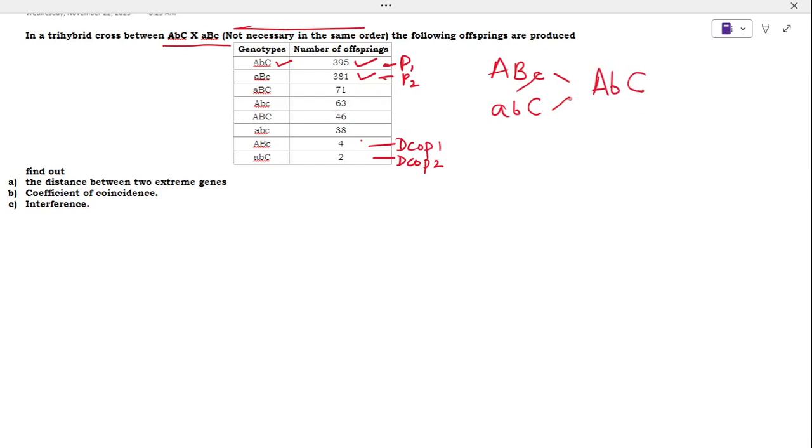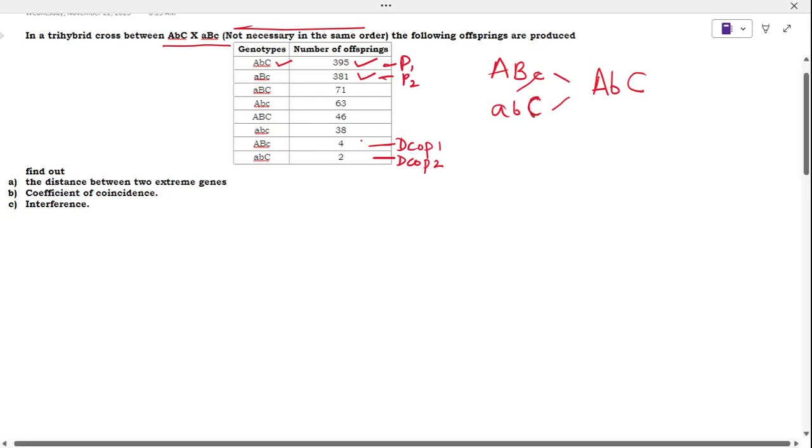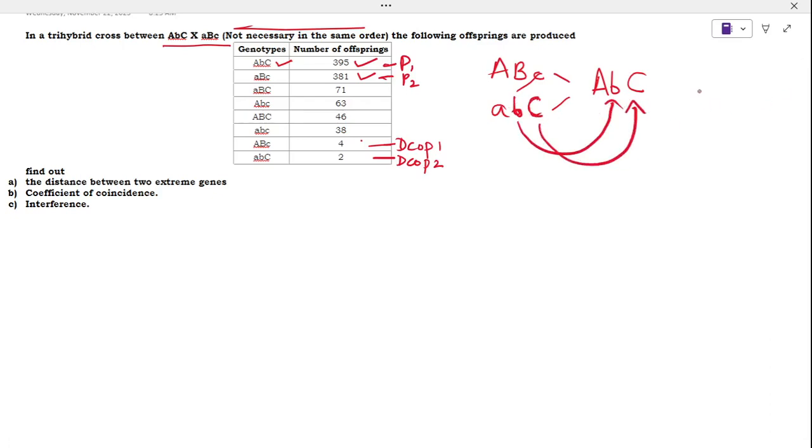As I said earlier, extreme genes will be segregated together, whereas the middle gene will be segregated independently to a different gamete. Here, small b and capital C are there. Small b is here and capital C is here, and because of that, the extreme genes will be small b and capital C, right?